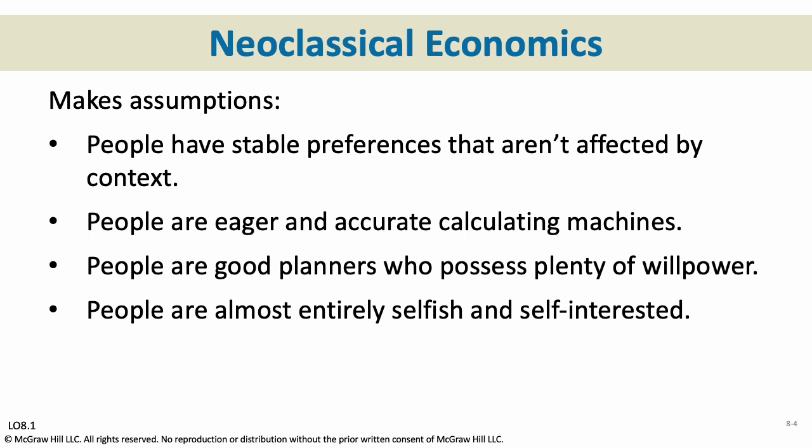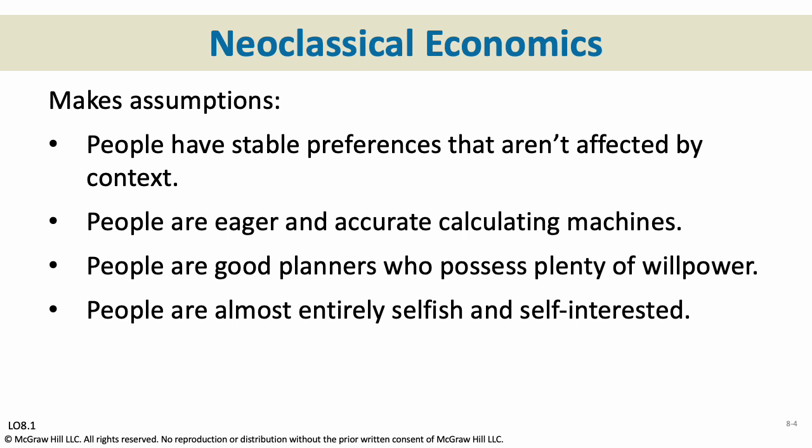In neoclassical economics, we make assumptions. People have stable preferences that aren't affected by context, meaning your preferences don't change, they're stable. People are eager and accurate calculating machines, meaning everybody is very good at calculating utility and what value is to them and all of that. People are good planners who possess plenty of willpower.